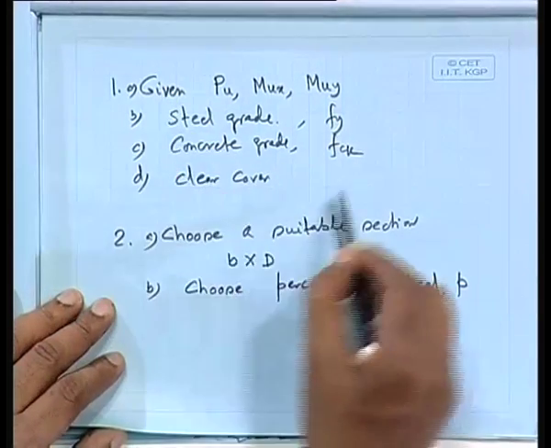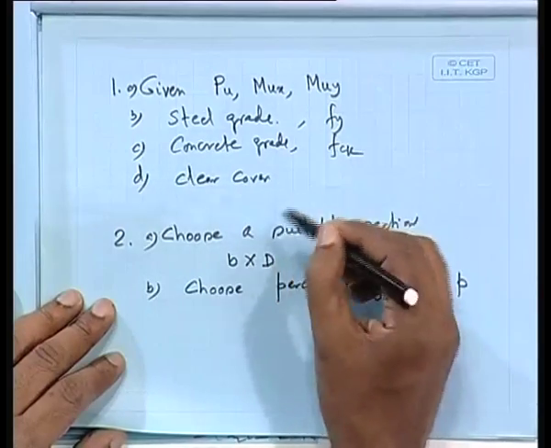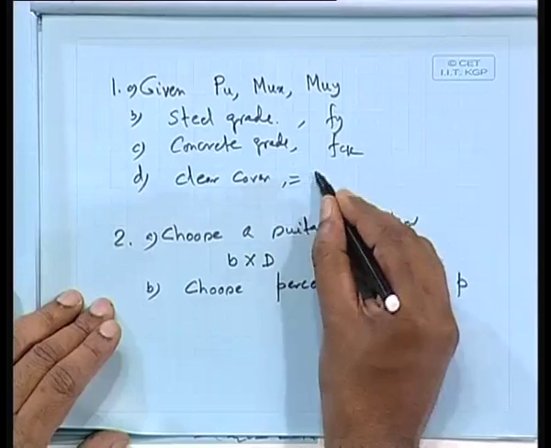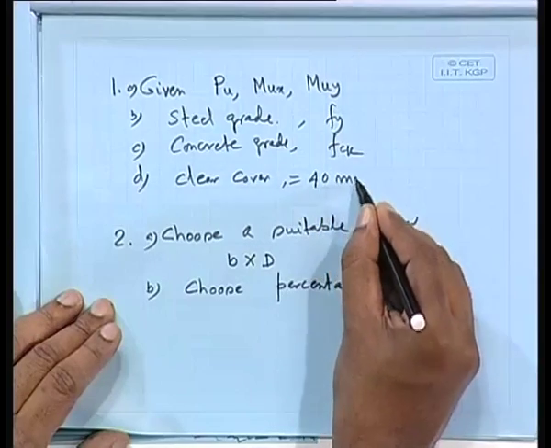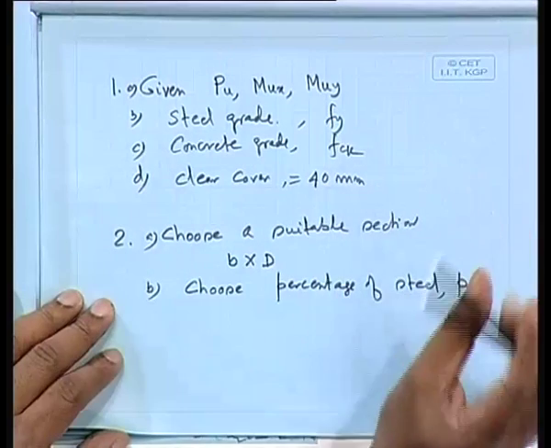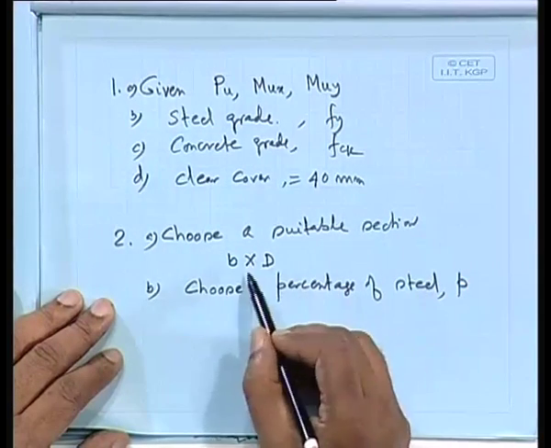So, all those things are given or assumed. Clear cover we can assume 40 millimeter or 50 millimeter, whatever we give. So, let us say for all the cases we shall give 40 millimeter. Anyway, others are specified, we have to take 40 millimeter. So, now choose a suitable section B times D.